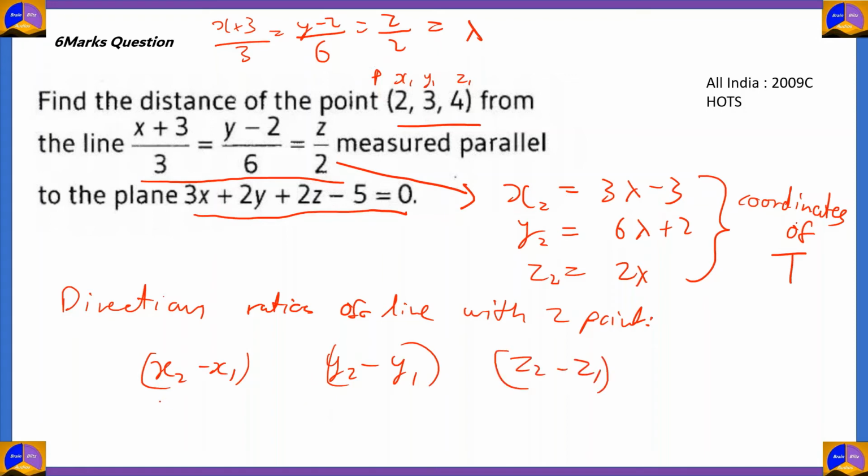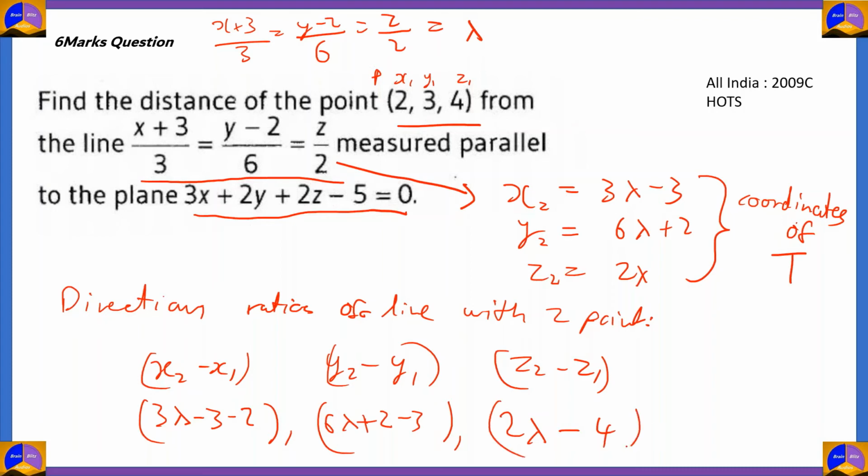So x2 is 3 lambda minus 3, minus x1 is minus 2, and y2 is 6 lambda plus 2, and then there's a minus 3, and z2 is 2 lambda, and minus z1 is minus 4.